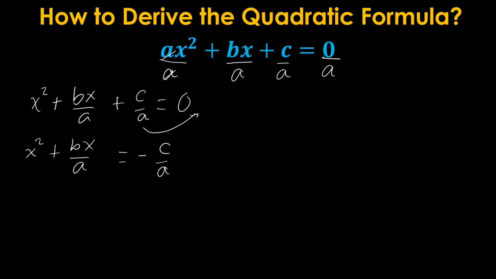What we're going to do next is to form this into a square. Now we need a trick to do that. The trick is we get the coefficient of our x, which is b over a, and then multiply it by 1/2 and square all of it. Here we get 1/4 b squared over a squared.